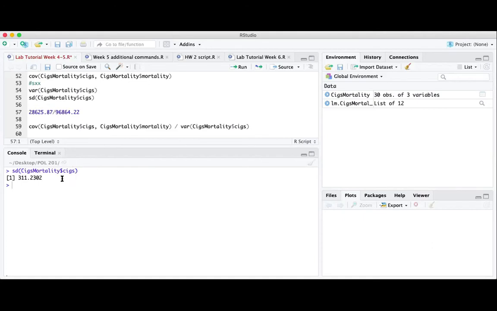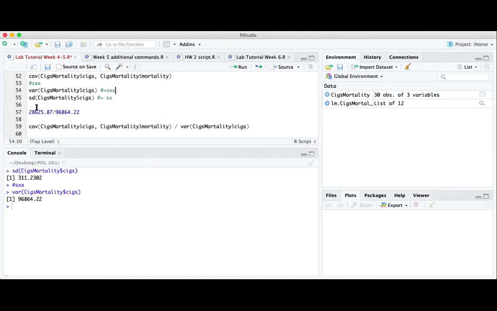Cigarettes is my X variable, so this is SX. And then, actually, let me put the hashtag here so RStudio doesn't think that's part of the command. And then, of course, if I do variance, it's the same thing, except I changed the SD to variance. This is the variance of the cigarettes variable.